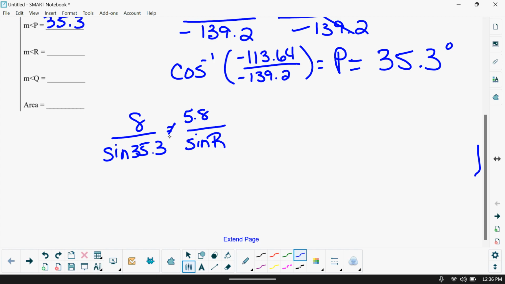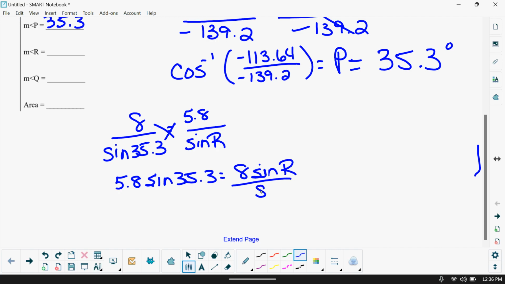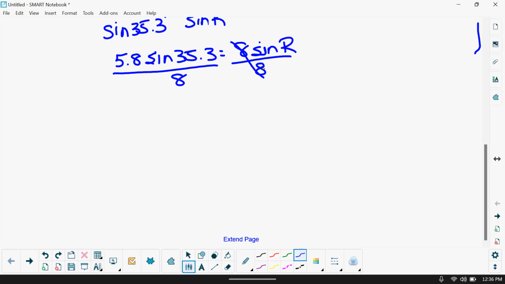This is where we're going to cross multiply. So 5.8 sine of 35.3 equals 8 sine of R. Divide by 8. And remember, we're going to have to take the inverse of this.